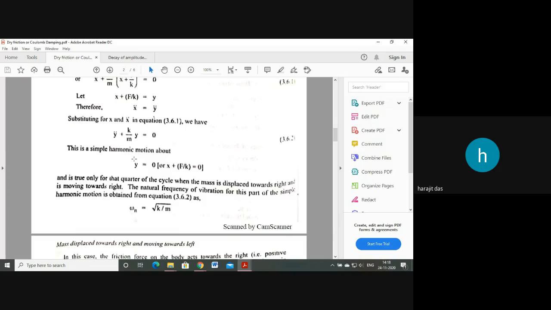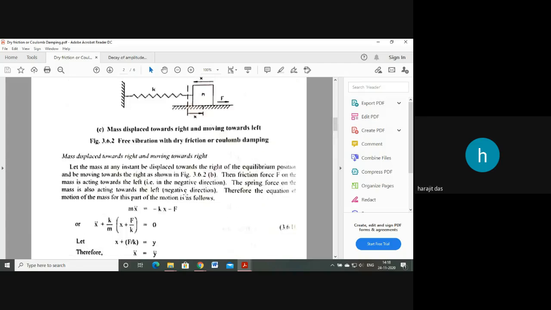If there are four quarter cycles, they make one complete cycle. This is the first quarter cycle, and for the first quarter cycle the body will be in simple harmonic motion with respect to the line x plus f by k equals 0, and the natural frequency is this one.